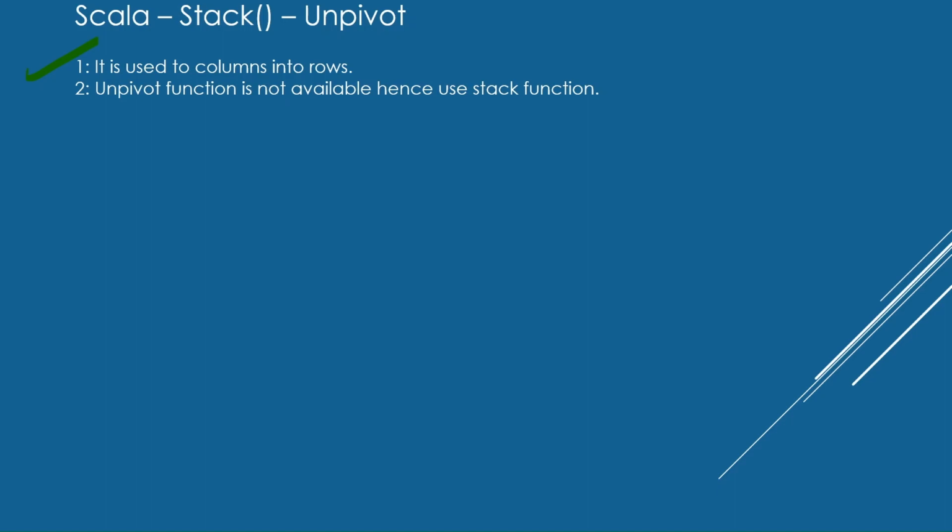So if you want to unpivot a pivoted data frame, we need to use stack. As I have said, the unpivot function is not available, hence we use the stack function. The stack function is used to convert columns into rows.